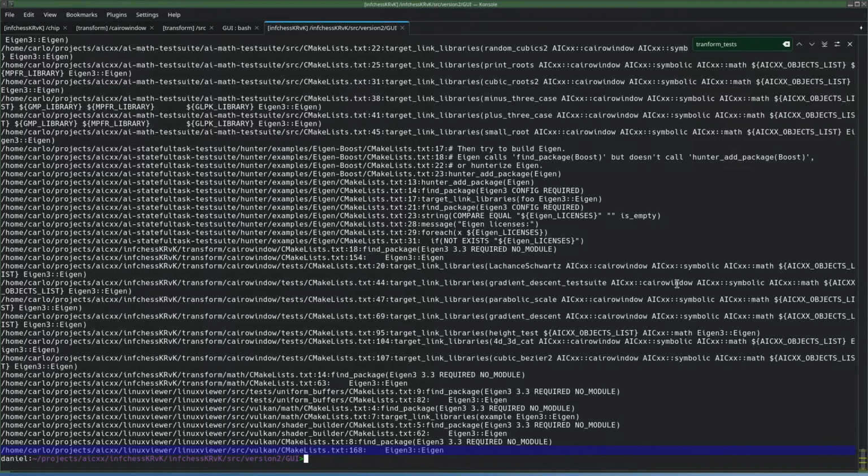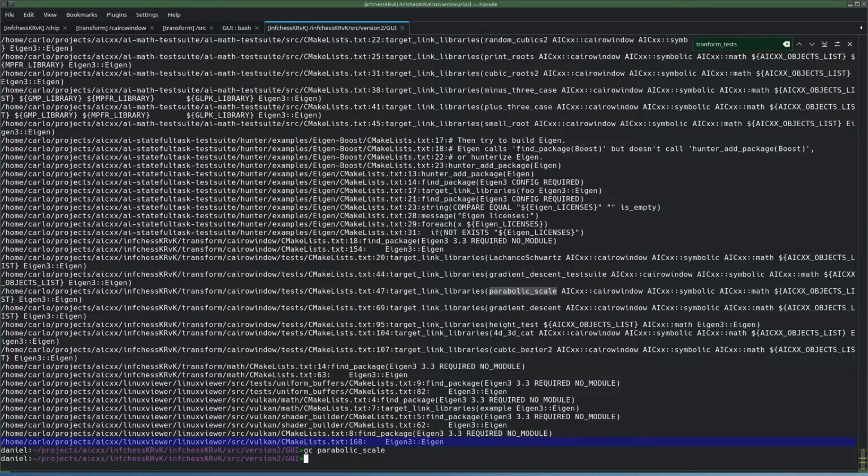It's totally linking with Eigen here as well. Just gradient descent, parabolic scale. GC, parabolic scale, nothing.